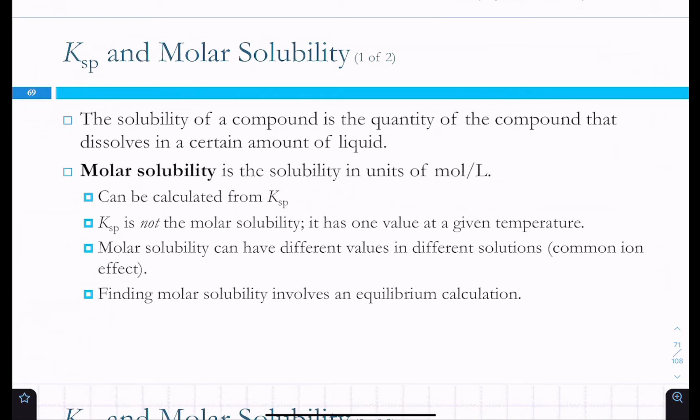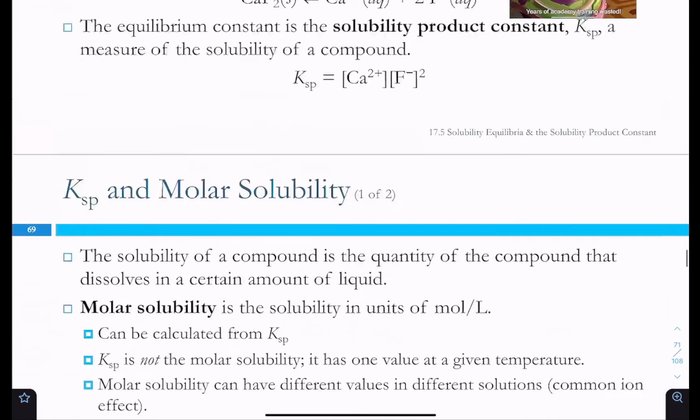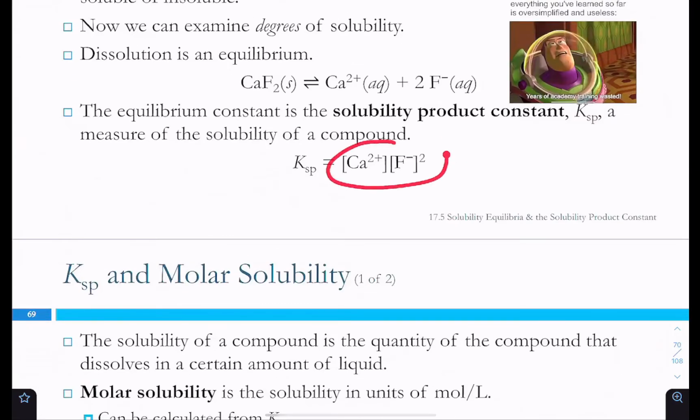So K values are all unitless, and that's because they're all normalized. Molar solubility is in units of molarity, because what we're actually going to be calculating is these concentrations together. So for this calcium fluoride dissolving, we're going to calculate the total concentration of the calcium and the fluoride in the solution.